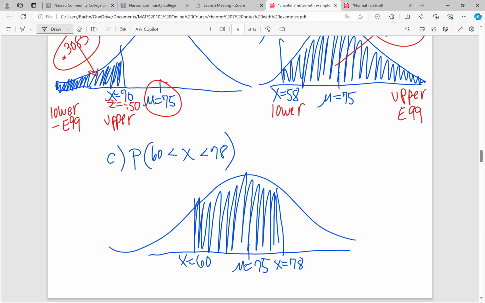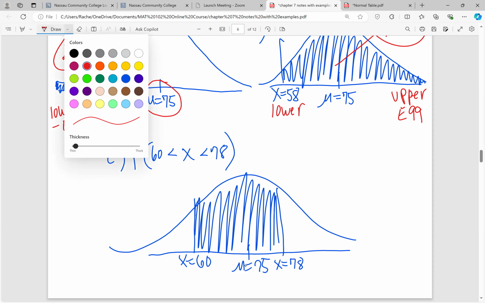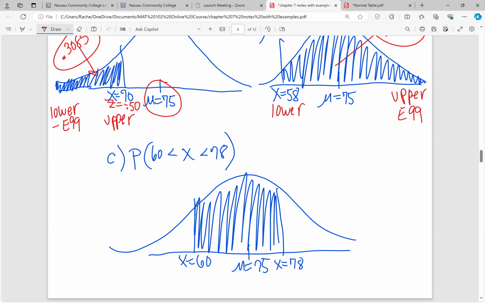So this is the proportion of area that we're interested in. So my lower bound is X equals 60. That's where the shading begins from the left. And it ends on the right at X equals 78. So that's going to be the upper. And the mean is 75, and the standard deviation is 10.